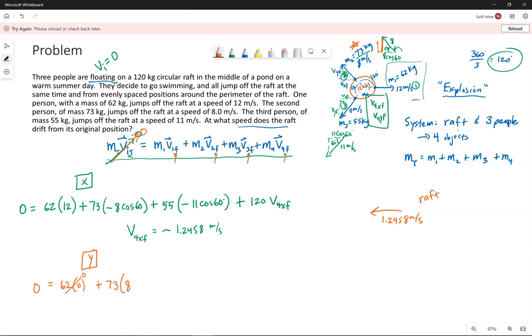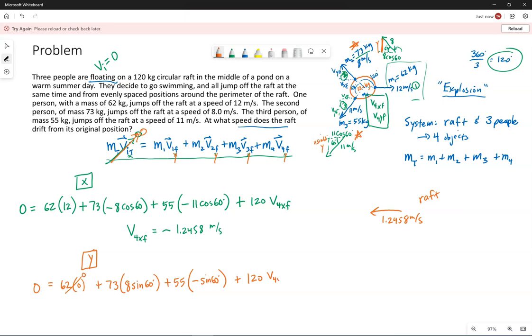It is 8 sine 60. The third person has a mass of 55 kilograms. Their y component is downwards, so negative. This side's going to be 11 sine 60. So 1, 2, 3, that accounts for all three people.